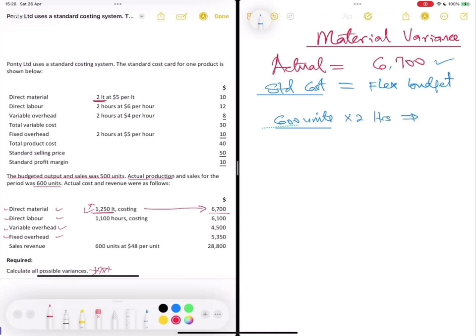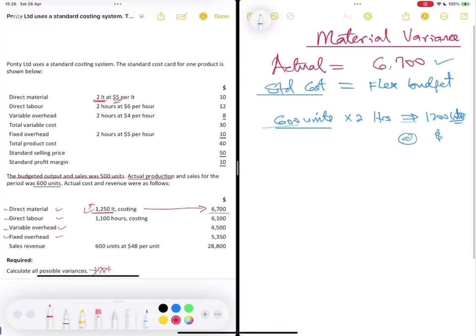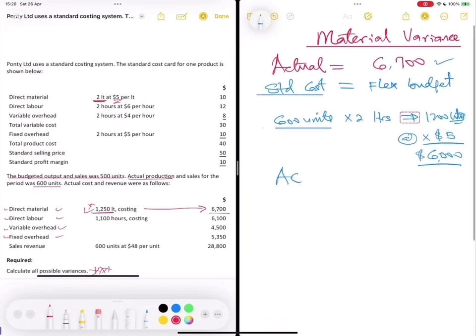It means that we should have actually consumed 1,200 liters. Right? That's our flex budget. And at our budget price of how much? $5. And that's 6,000. And that's why our actual cost minus standard cost of material is equal to 6,700 minus 6,000. And this is equal to 700.